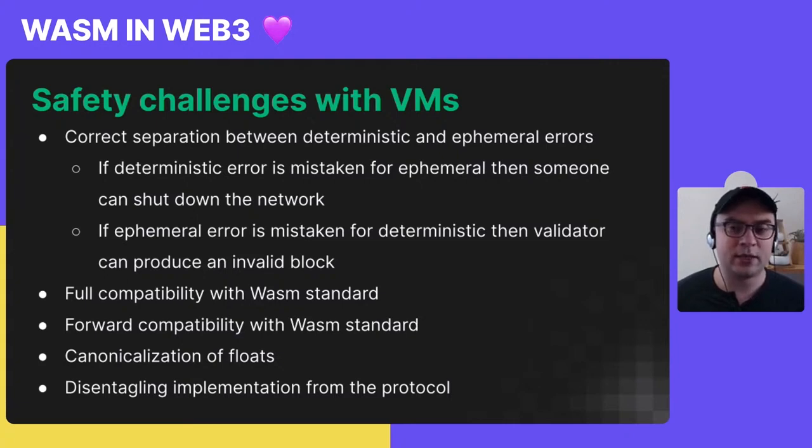And surprisingly, even if you're importing some library that doesn't use floats for math operations, let's say you're importing some cryptographic library, it still might be the case that you will have some float operations in there because of how, for instance, Rust does string formatting for panics. So we decided to allow floats in Near smart contracts, but now we canonicalize them.